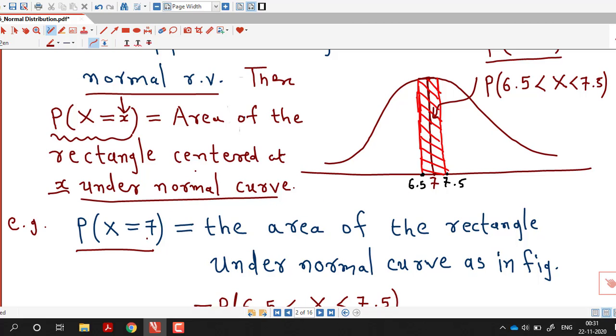Because we are approximating a discrete random variable using a continuous random variable, we have to apply continuity correction.